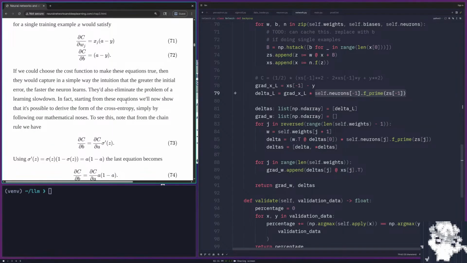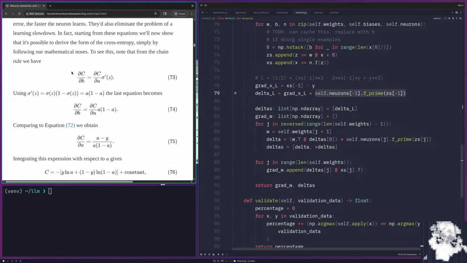If we could choose the cost function to make those equations true, then they would capture in a simple way the intuition that the greater the initial error, the faster the neurons learn. They'd also eliminate the problem of a learning slowdown. In fact, starting from these equations, we'll now show that it's possible to derive the form of the cross entropy simply by following our mathematical noses. To see this, note that from the chain rule we have this.